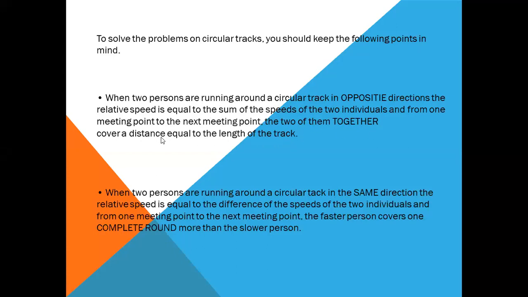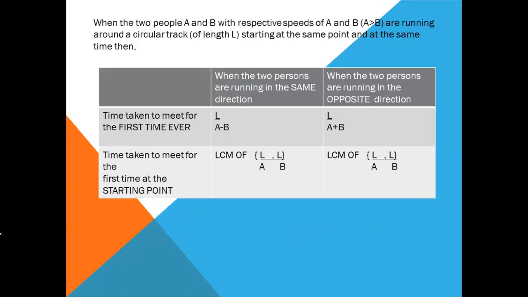Secondly, when two persons are running in the same direction, the relative speed is equal to the difference of speeds, and from one meeting point to the next, the faster one covers one complete round more than the slower person. This you have to keep in mind.